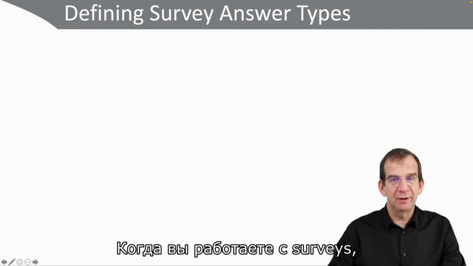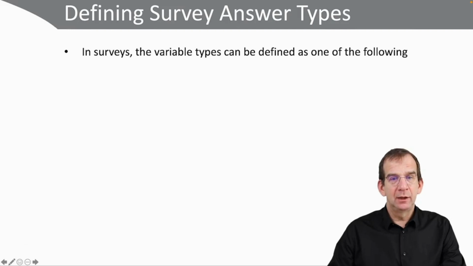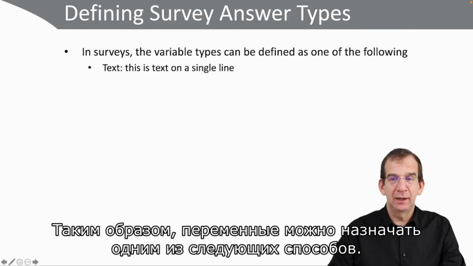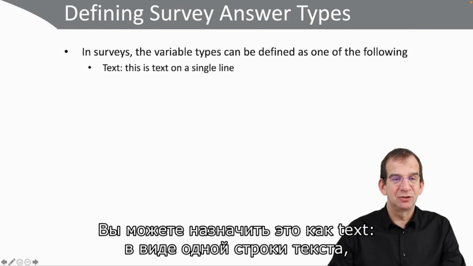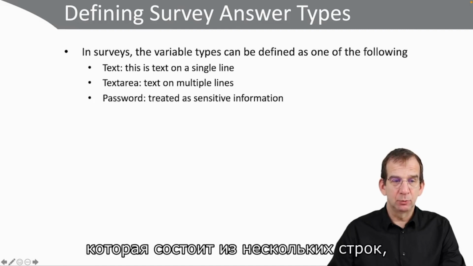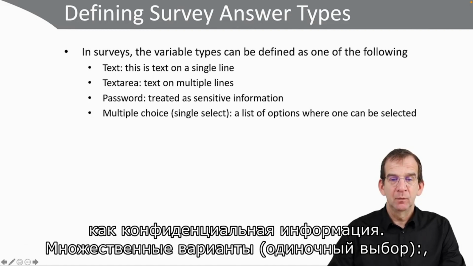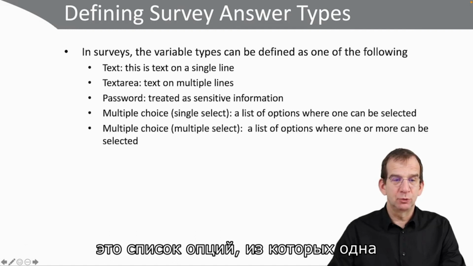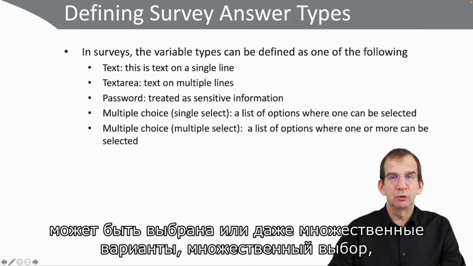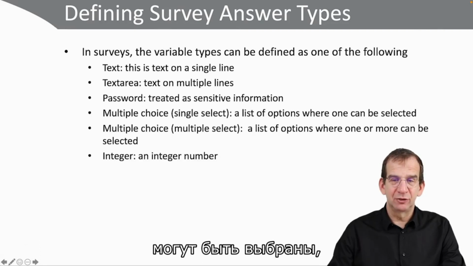Now, when you are working with surveys, you can define default survey answer types. So the variables can be defined as one of the following. You can define it as text, in which a single line of text is expected, or text area, which is for text on multiple lines, or password, where it is treated as sensitive information, or multiple choice single select, which is a list of options where one of the options can be selected, or even multiple choice multiple select, which is a list of options where multiple options can be selected.